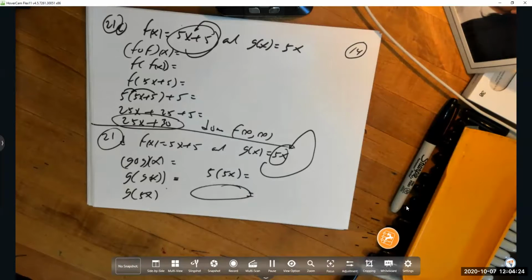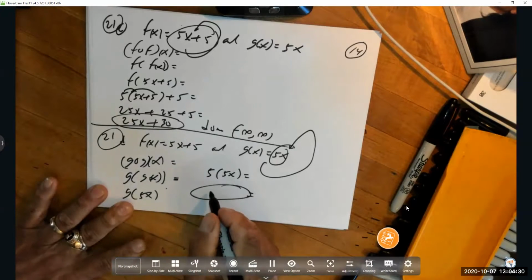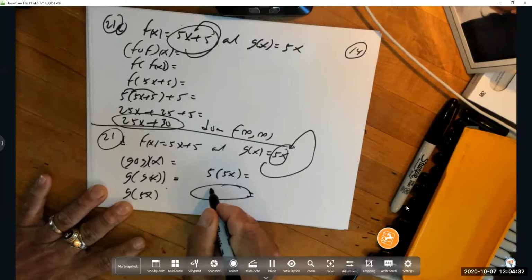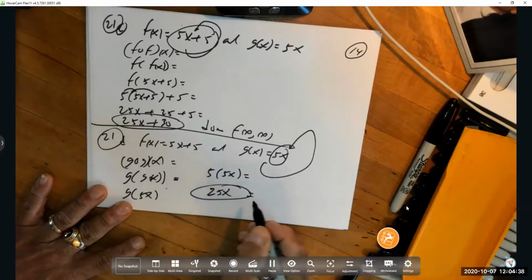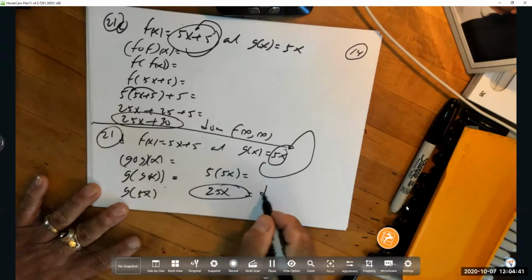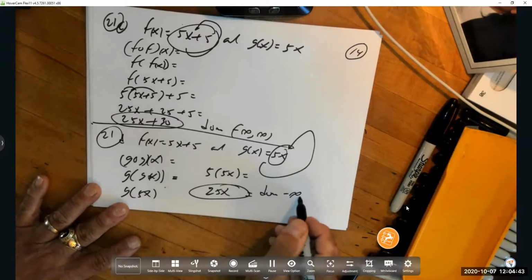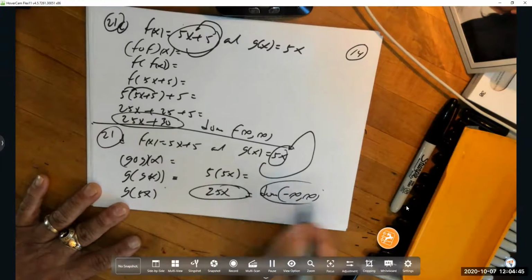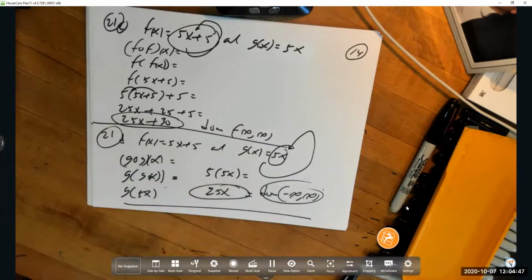What do you think that is? What's 5 times 5? 25. 25x. Yeah. And then domain, same thing. Domain is minus infinity to infinity. All right, that's 21.